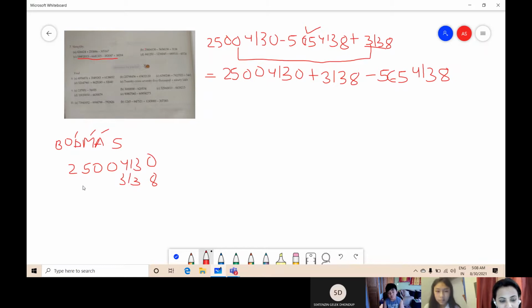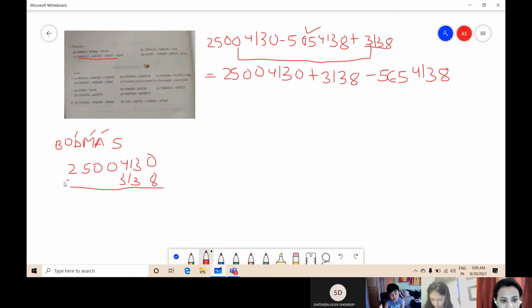Why have I started writing from the ones place? Because if I start from here, then the sequence will get disturbed. Then 3 will come here and it will become wrong. So we always start writing from the ones place. See, this is the ones place and we have to start writing all the numbers from the ones place. So 8 3 1 3.